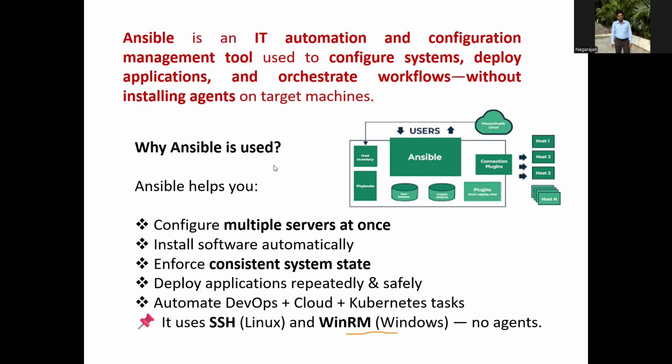And why do we need Ansible? Because it helps to configure multiple servers at once, install software automatically, and deploy applications repeatedly and safely. Moreover, it helps to automate DevOps, cloud, and Kubernetes tasks also. Apart from this, one special thing about Ansible is that it uses SSH for Linux, and WinRM for Windows.